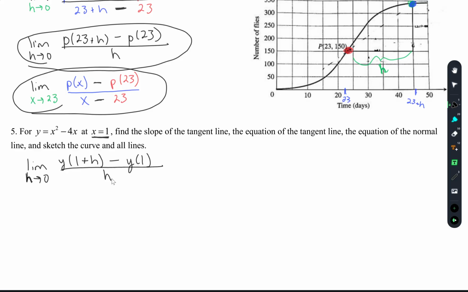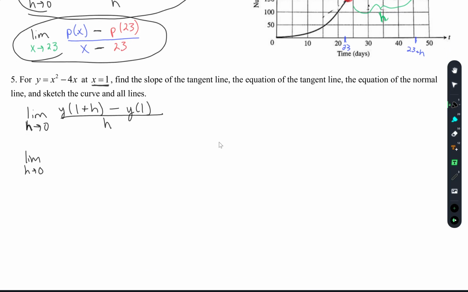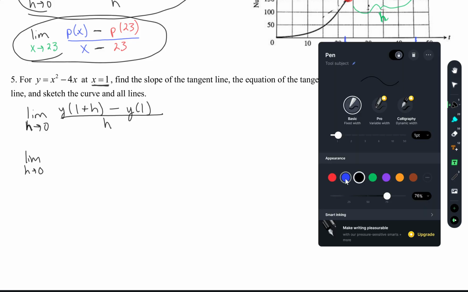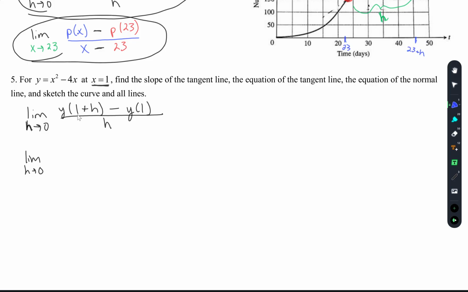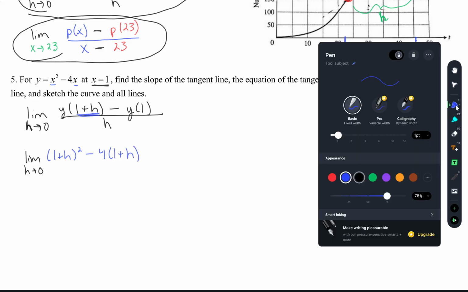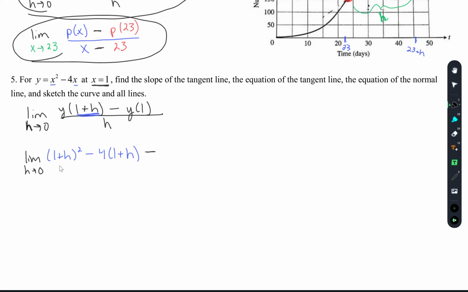And then now it's just hardcore plugging in. You're going to do the limit as h approaches 0, and you're going to plug in 1 plus h wherever you see an x in that equation. So you're going to get 1 plus h quantity squared minus 4 times 1 plus h, and then you have to subtract y of 1, all over h.